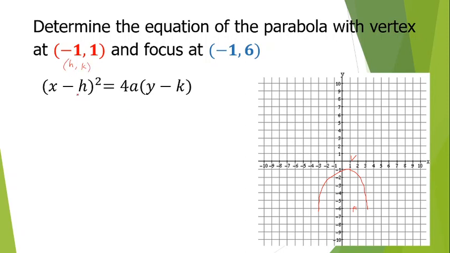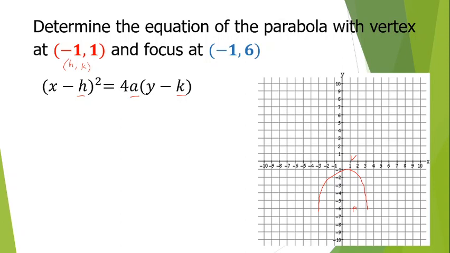So we already have the value of h and k, but we don't know the value of a. What we're going to do is to determine the distance from the focus to the vertex. So we have 1, 2, 3, 4, 5. So the distance from the focus to the vertex is 5.